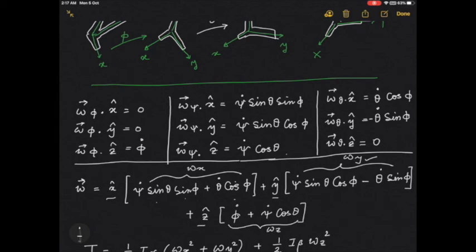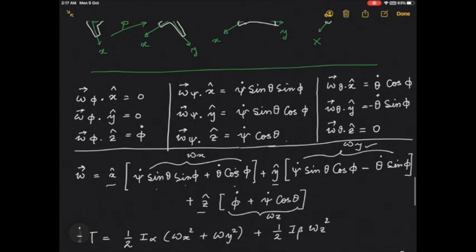Okay, so what I have done now is I have written down omega, the total instantaneous angular velocity, in its components along the symmetry axis, where I can write down my omega x, omega y, omega z in terms of psi dot, theta dot, and phi dot, and their cosines and sines.